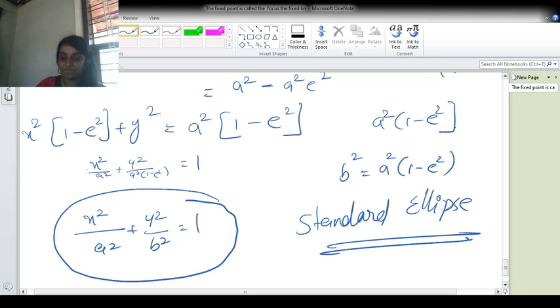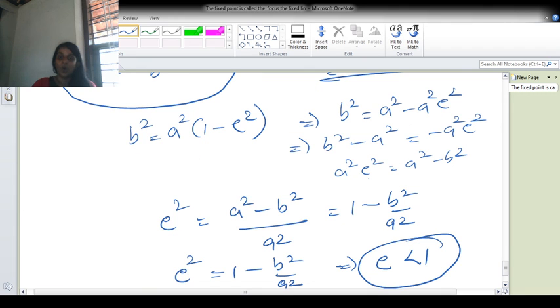Therefore e square can be written as a square minus b square by a square, that is 1 minus b square by a square. So eccentricity square in the ellipse is 1 minus b square by a square. So eccentricity is always less than 1 in the case of an ellipse.